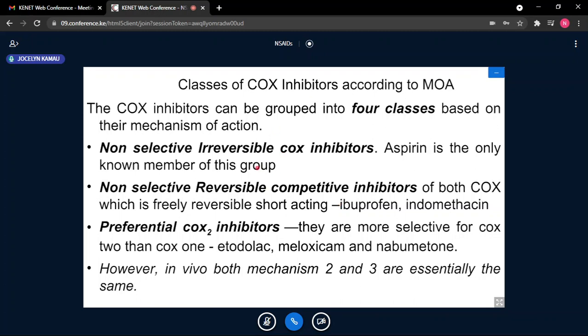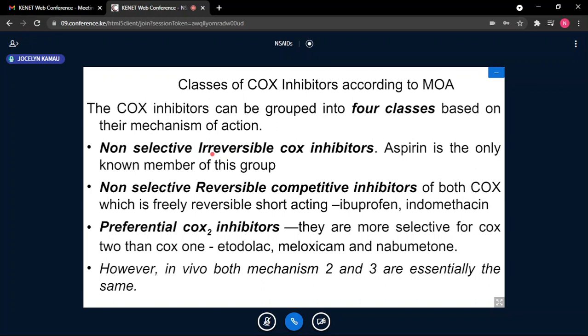So we can divide them according to the mechanism of action, and we can have the non-selective irreversible and reversible COX inhibitors. Non-selective means they do not select. They'll go for COX-1, constitutive, COX-2, constitutive, and even COX-2 inducible. So they will go for all of them. And for the one which is non-selective, note this word here: irreversible.